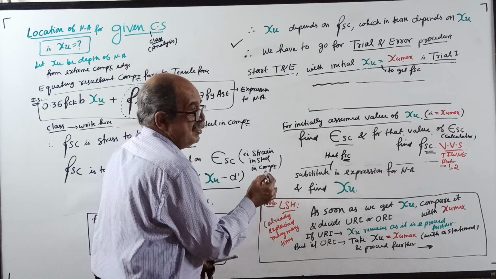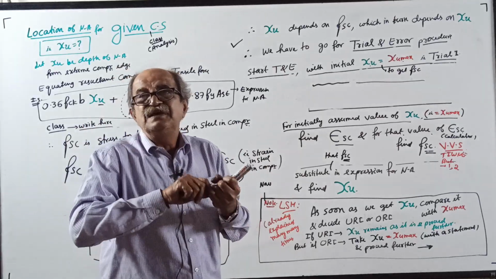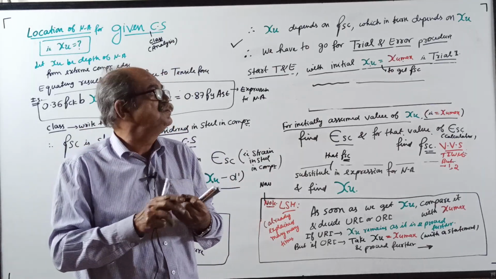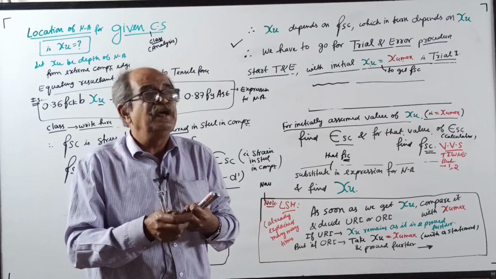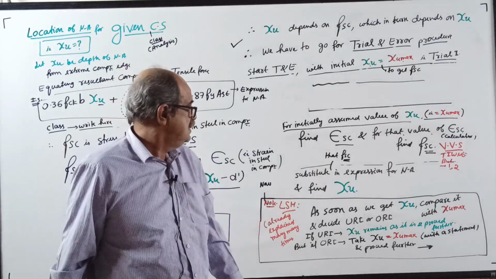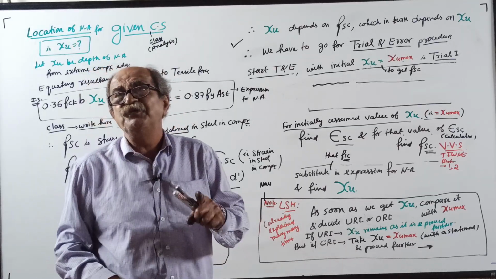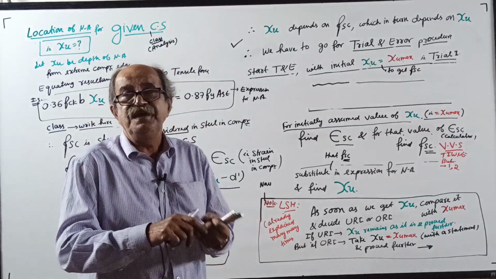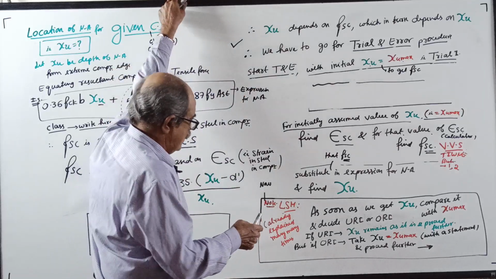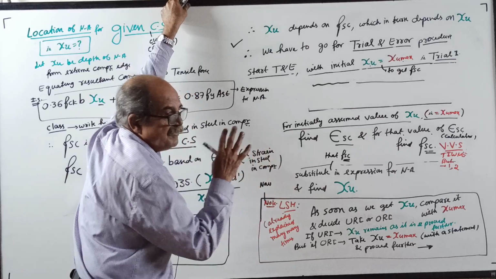Now, completely forget about singly reinforced, doubly reinforced, T section, this one, that one, everything forgotten. Limit state method, I told earlier, is valid for all cases, singly, doubly or T. Already explained many times.